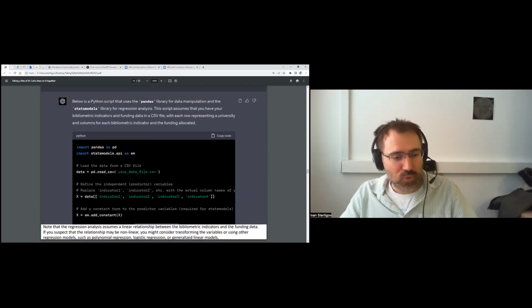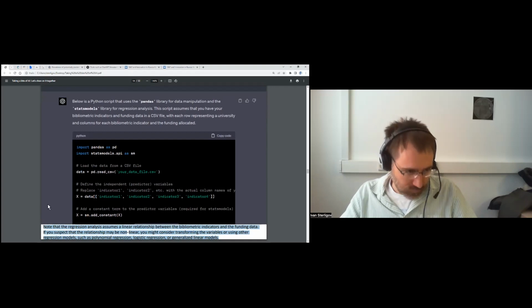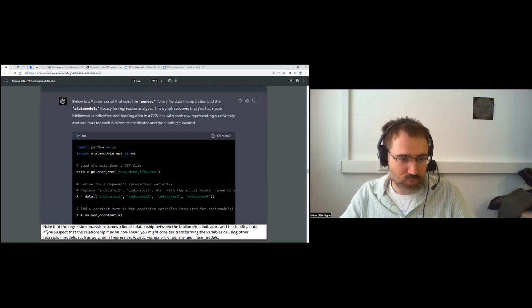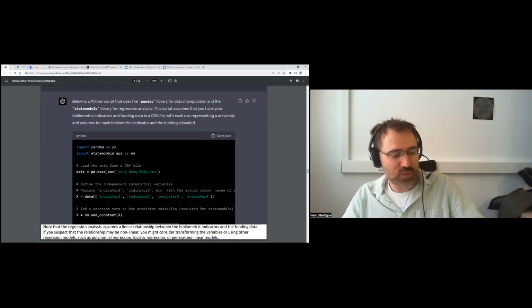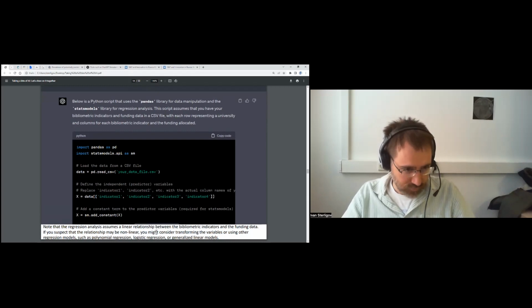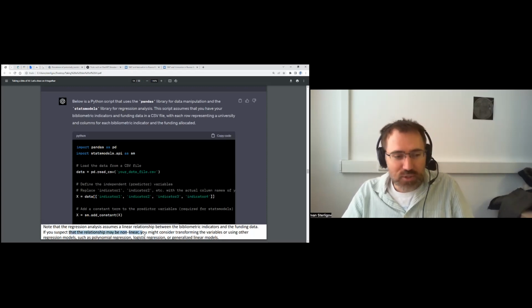What's also important, and that could not fit in the screenshot because it's a longer script, is that ChatGPT suggests that doing a simple regression often is not a good strategy, at least if the variables have some non-linear or some complex relationships.